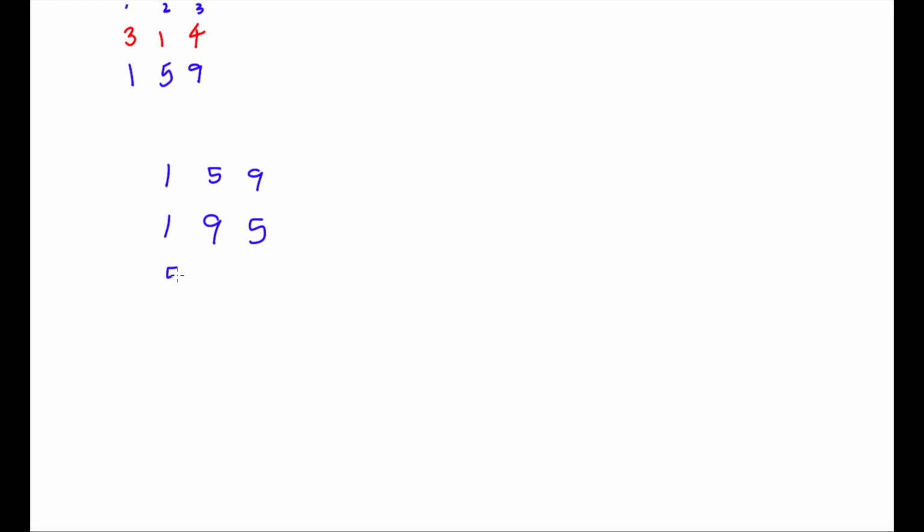So these are the blue possible permutations and the corresponding red possible permutations. Now let's compare the integers formed from red and blue. In the first two cases, 314 and 341 are greater than the corresponding blue digits. So red wins in this case, red and red. And in all the coming cases, blue wins, as you observe, 519, 591, 915, and 951. So at last, blue wins the race, so blue is the winner.